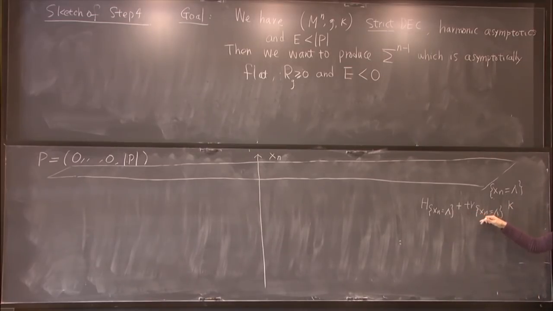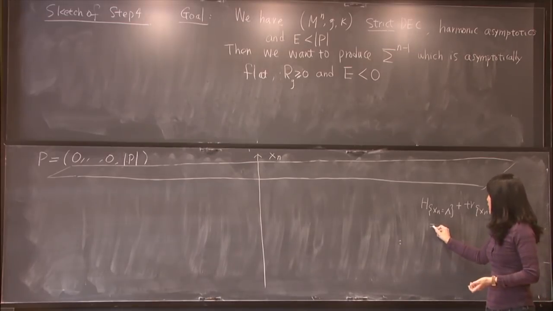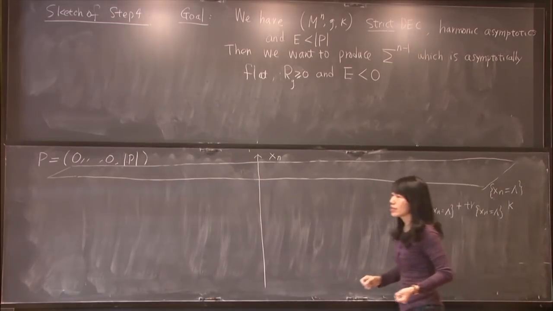This equal to 0 will be the minimal surface equation. But then we compute for this, which will be a barrier. Because we have harmonic asymptotics, which I will not have time to talk about, let's just say we have a certain expansion of the metric g and K, so we can compute this quantity explicitly.